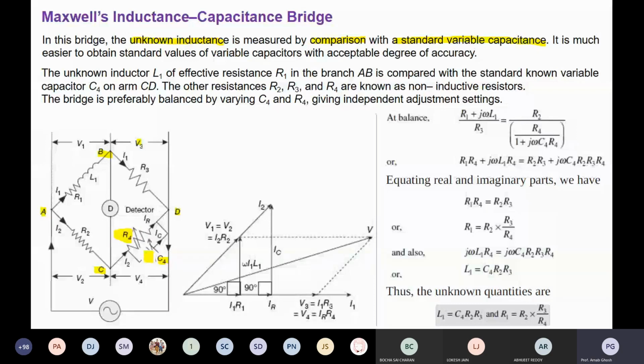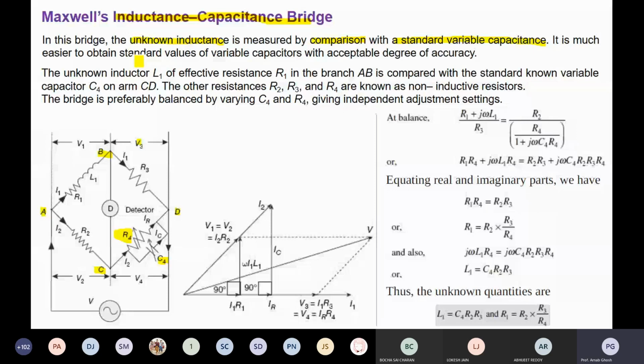In the case of a rheostat, you can change the slider; in the case of a capacitor, you can use a moving electrode. In this bridge the unknown inductance is measured with a standard variable capacitance. It is much easier to obtain the standard value of a variable capacitor with an acceptable degree of accuracy.